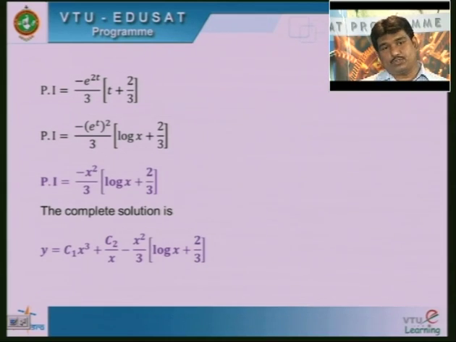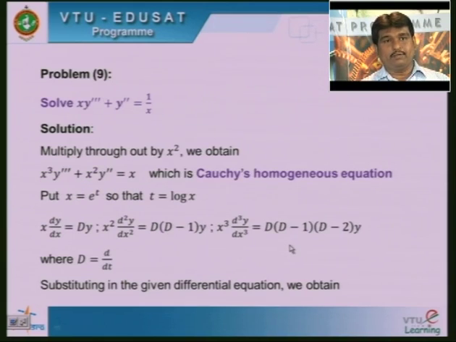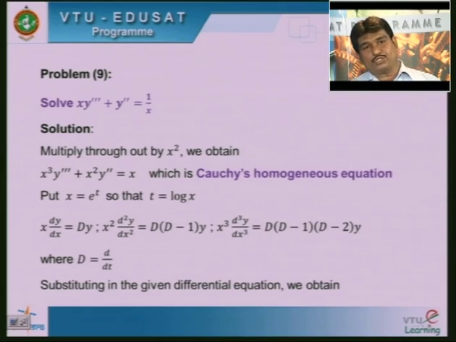T is log x plus 2 by 3, e to the power of t is x. So I get PI as minus x square by 3 into log x plus 2 by 3. The complete solution is y equals CF plus PI. Problem number 9. Solve x into y triple dash plus y double dash equals 1 by x.